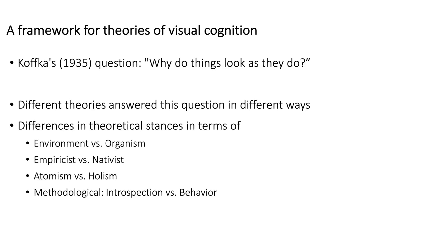All these different theories answered this question in different ways. Some of them focused on the environment, whereas others focused on organisms. Some focused on atomic aspects, so I mean atomism, and others thought that this is a kind of holistic system, and so on and so forth.